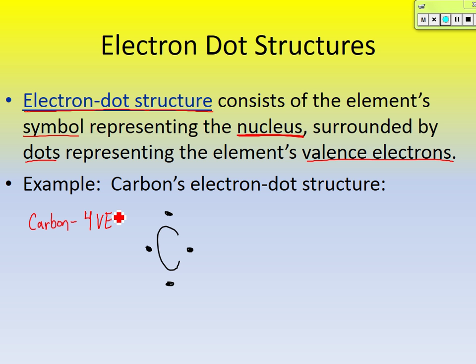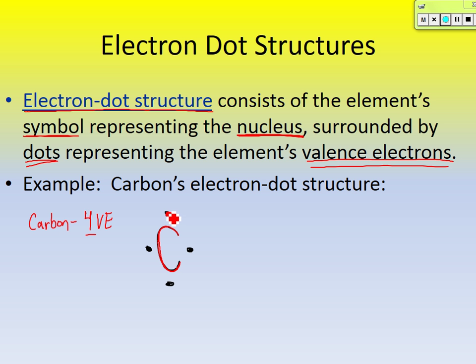Now with the dot structure, the symbol represents the nucleus and all these inside electrons. So carbon's symbol is C, so we just draw C. That represents the nucleus of the carbon atom and all those inside electrons. And then we're going to use dots to represent the valence electrons. Carbon has 4. Here's how you do the dots.